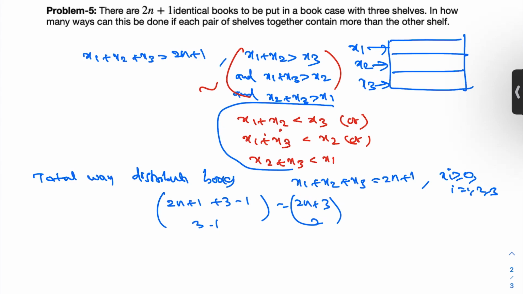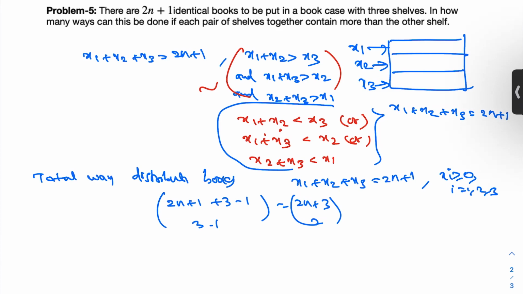Now, I can say that these three conditions are equivalent to saying that at least one of the shelves contains n plus 1 or more, because, for example, x1 plus x2 less than x3 means what? We know here x1 plus x2 plus x3 equal to 2n plus 1.